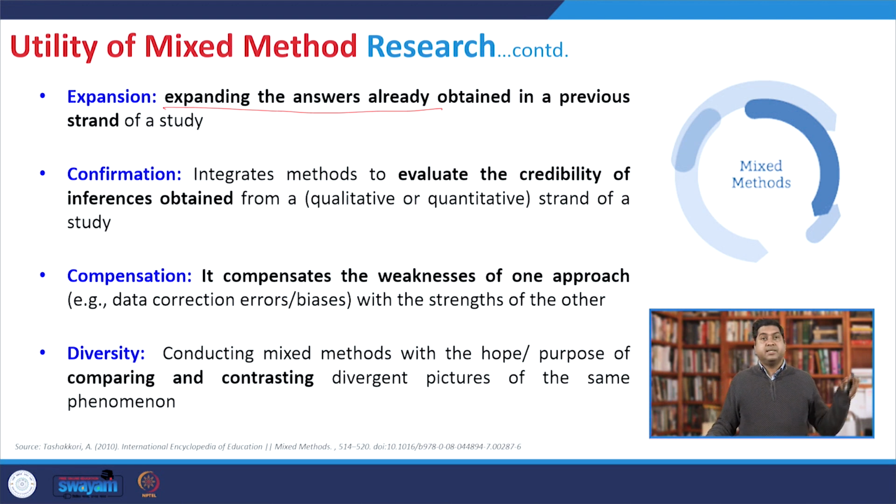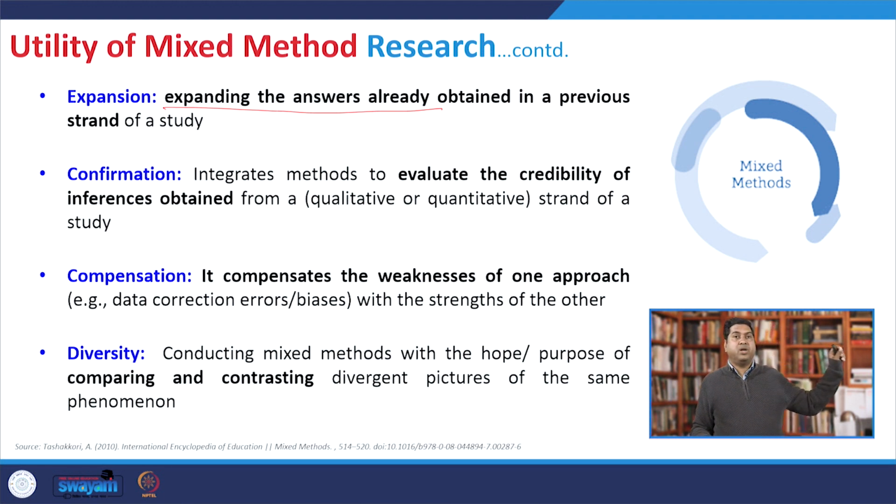So in such cases, if you obtain certain information in the first phase of your study, then you select a suitable quantitative method which can complement the findings of the qualitative research, and then you can expand the answer which is already obtained.